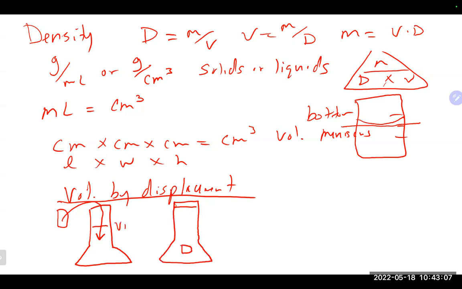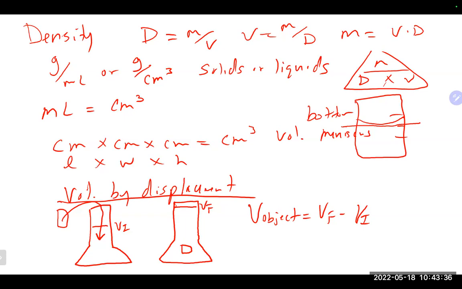We have an initial volume and a final volume, and if we want to find the volume of that object, we simply take the difference of those two. So the volume of the object would be the final minus the initial. That's a very common way in density to figure out the volume of an object, is to submerge it in a liquid. Any questions on density there?